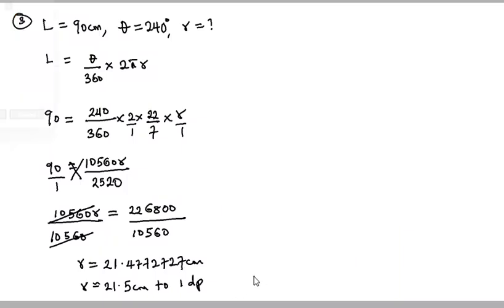It's the same process. So let's see this question now, number 4. Bringing out the information here: in the diagram, O is the center of the circle, reflex XOY.